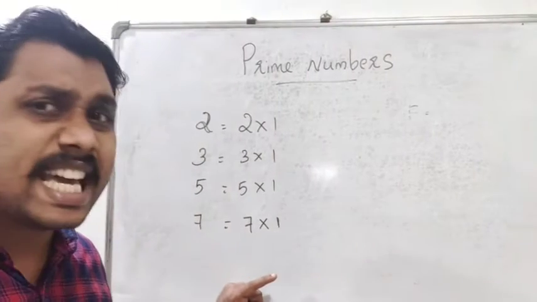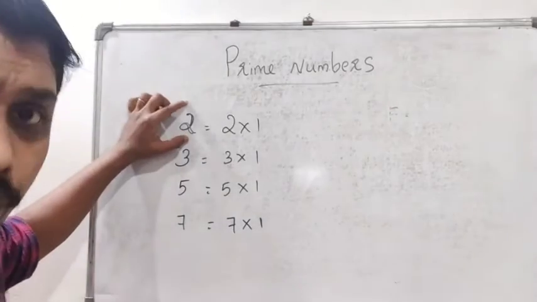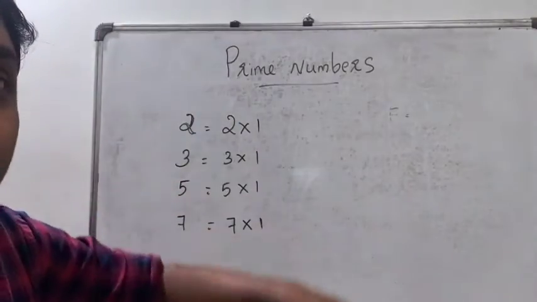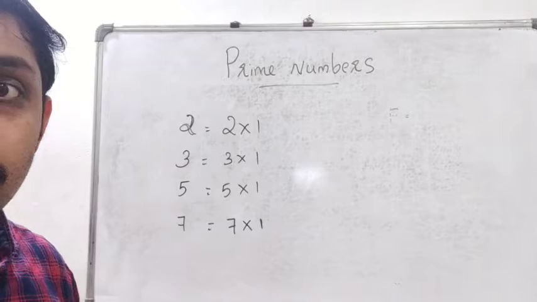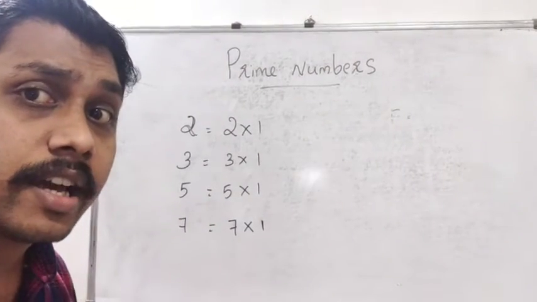Look here students, are there any other factors in the case of 2? Is there any other factor than 2 or 1? No. And in the case of 5, is there any other factor?